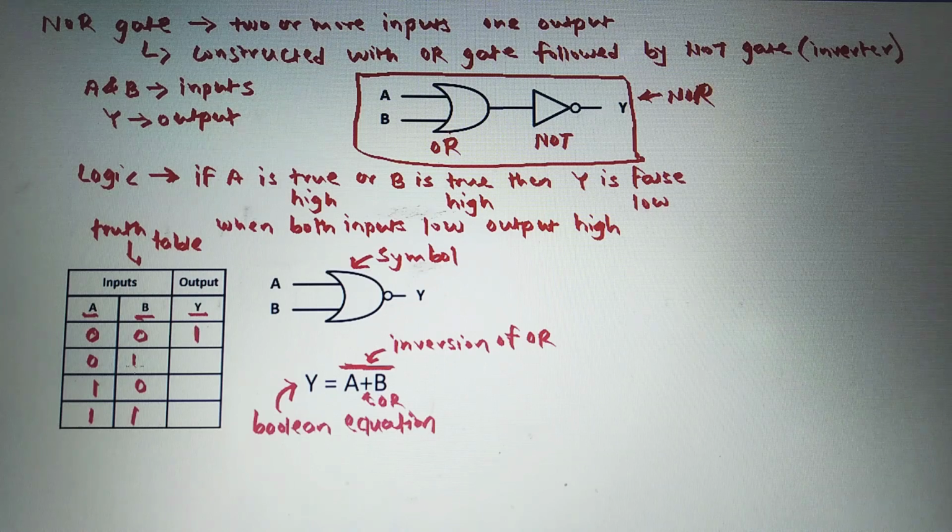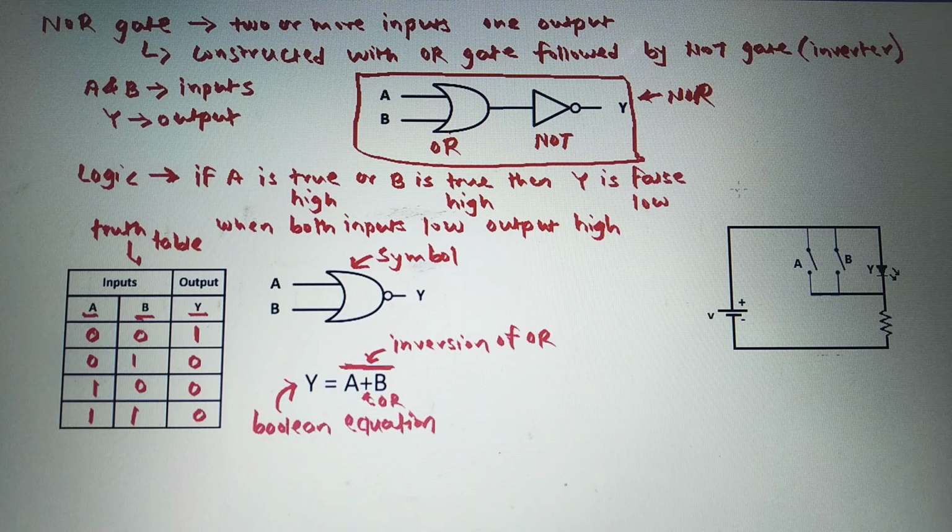In the second combination, one of the inputs is high, output is low. In the third combination, A is high, B is low, output is low. In the fourth combination, both the inputs are high, then output is low. So this is the truth table for two input NOR gate.